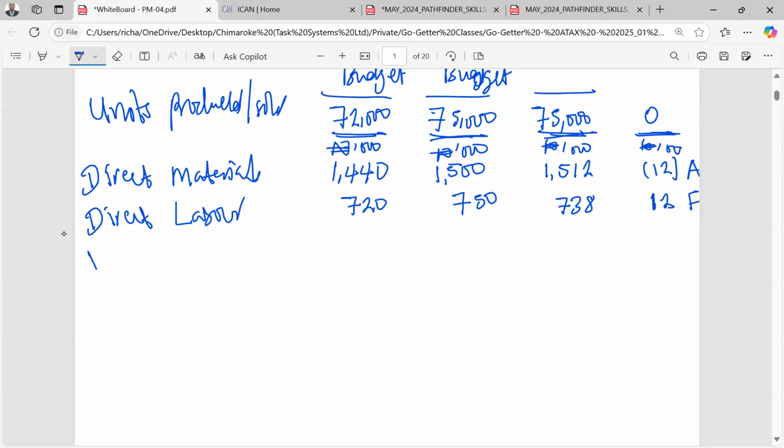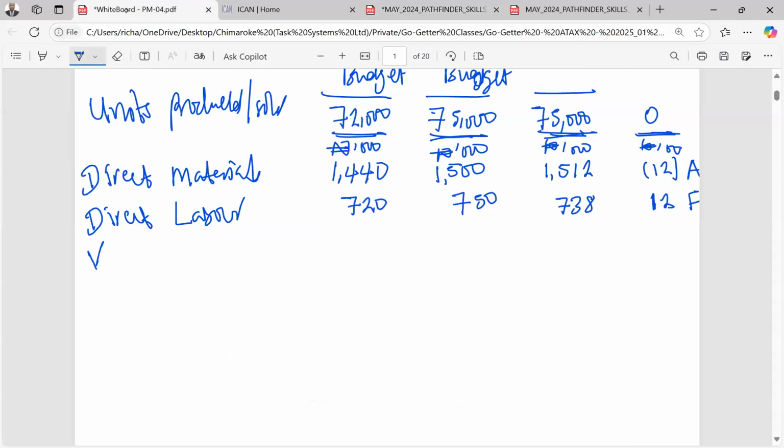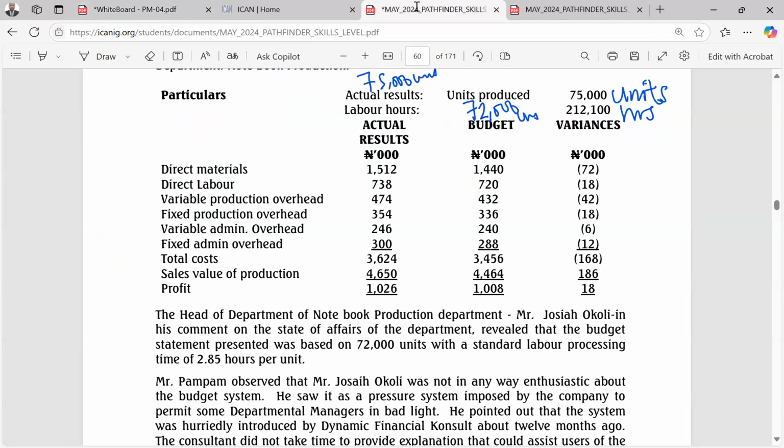We now go to variable production overhead. So for variable production overhead, what were we given? 474 actual.